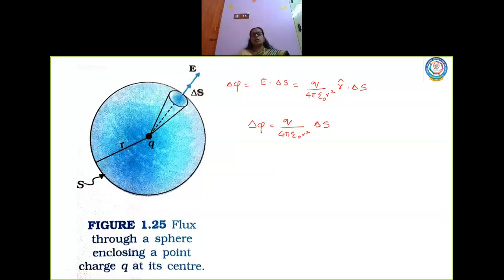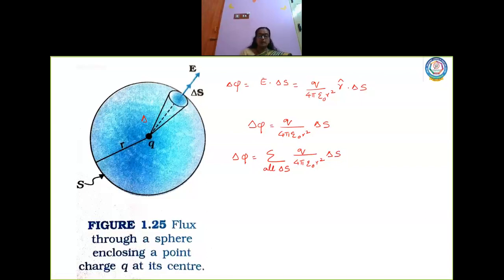I will add all the values of the smaller area elements to get the value of total flux, which can be written as del psi equal to summation of all the area elements, del S, equal to Q by 4 pi epsilon naught R square del S.